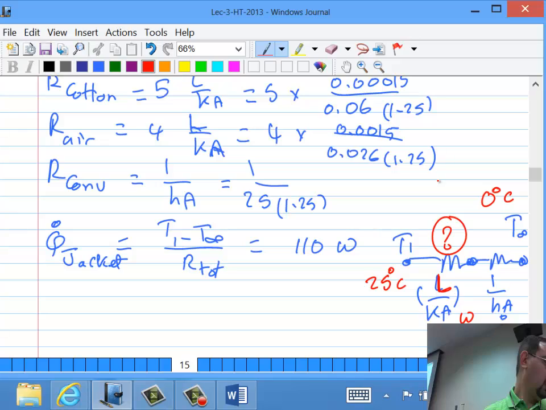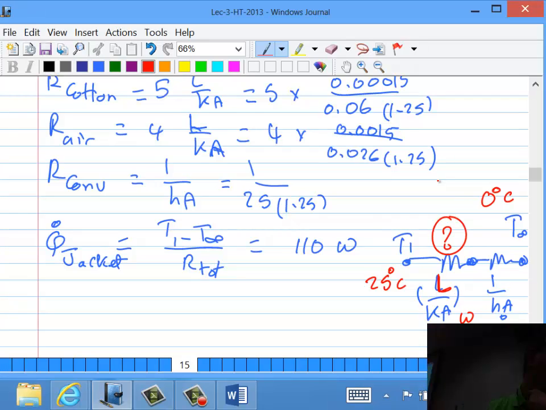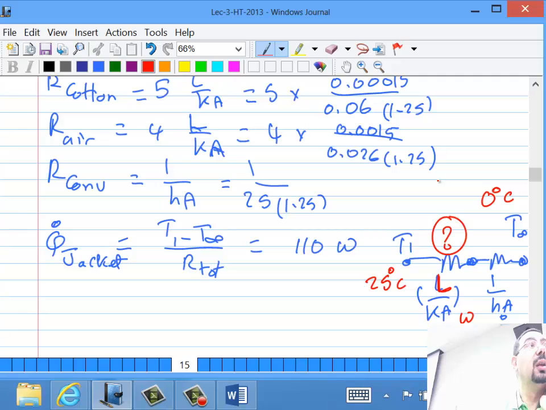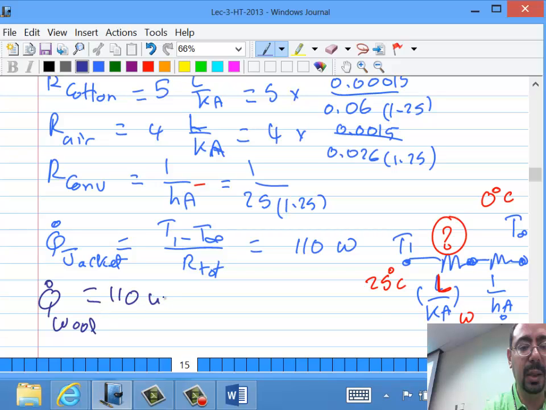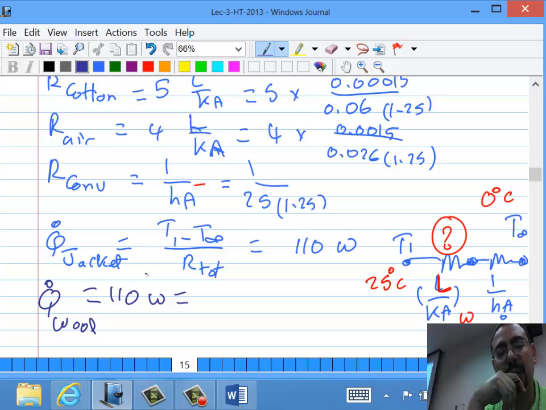Can anyone help? The Q that we just calculated, Q wool, should also be 110. He's asking how much the thickness should be to get 110. What is the Q in this scenario? There are 2 temperatures and there are resistances between them.